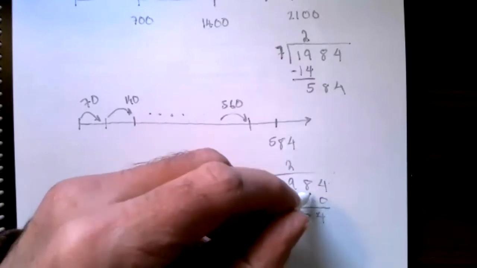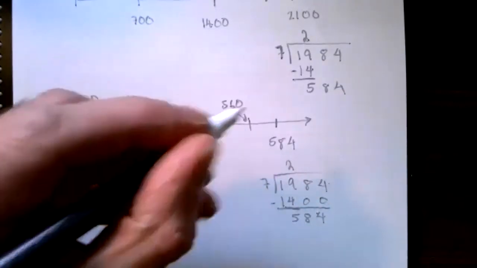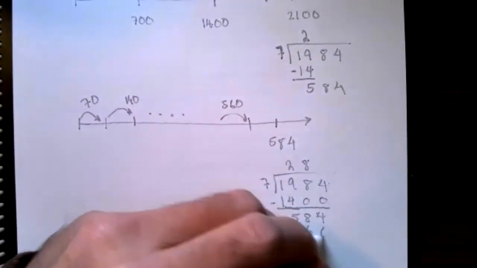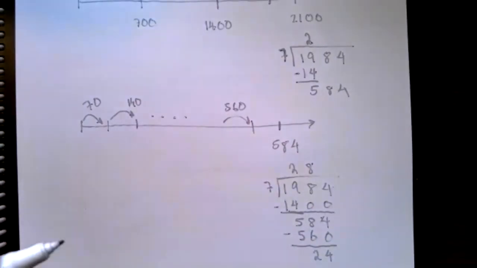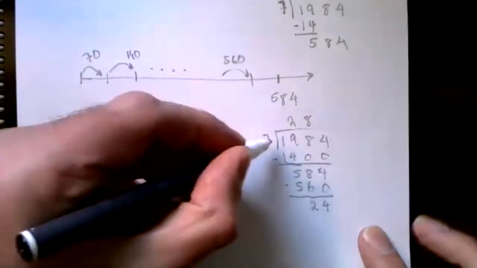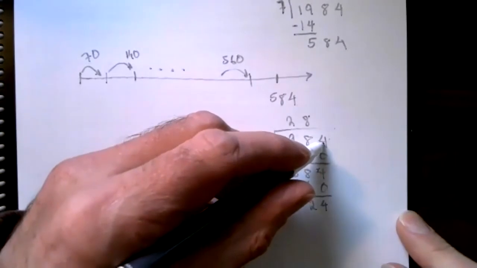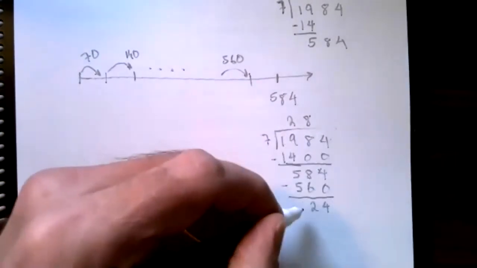Now we're in the tens place, so we're talking about 70. That was 8 times 7. Okay, 8 times 7, 560. Now, the difference that we need to make up is 24. So now I'm talking about steps of 7, because I'm in the ones place. So how many 7s can go into 24?